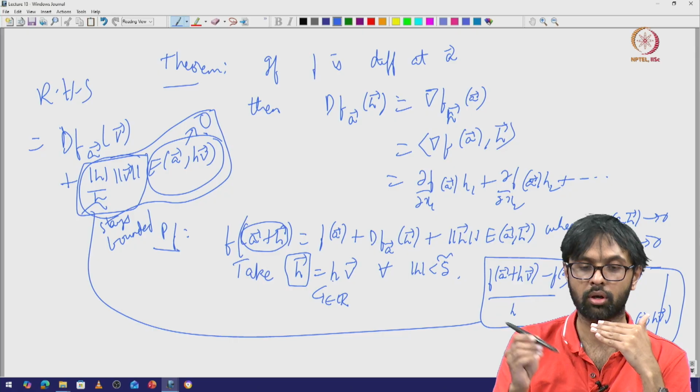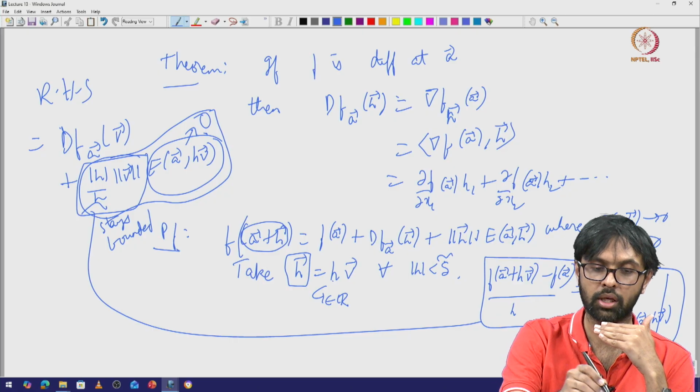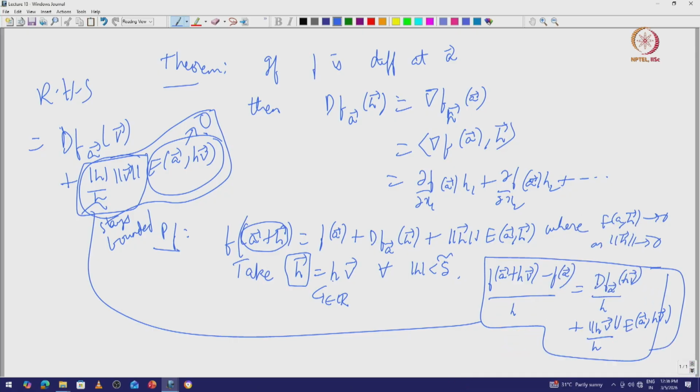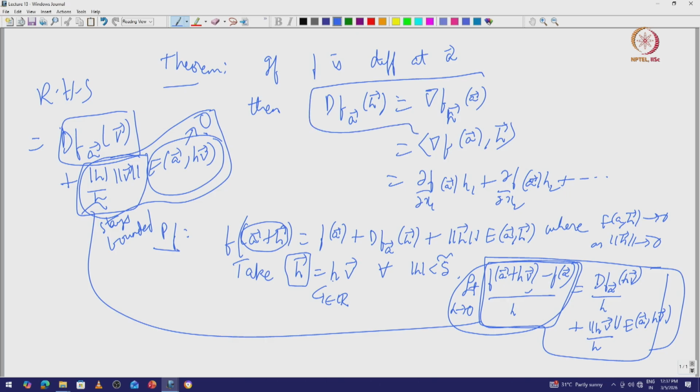So by the sandwich rule, this entire thing goes to 0, and therefore this limit exists and equals this. So not only does the directional derivative exist, it equals this.